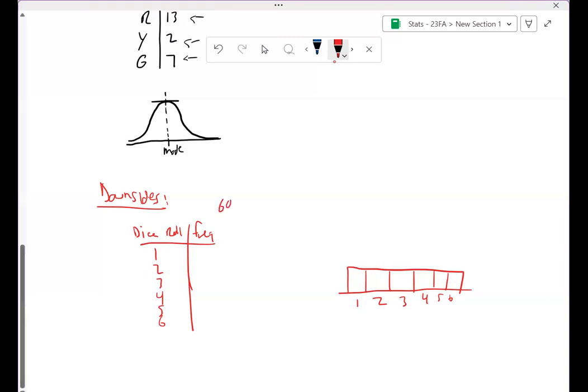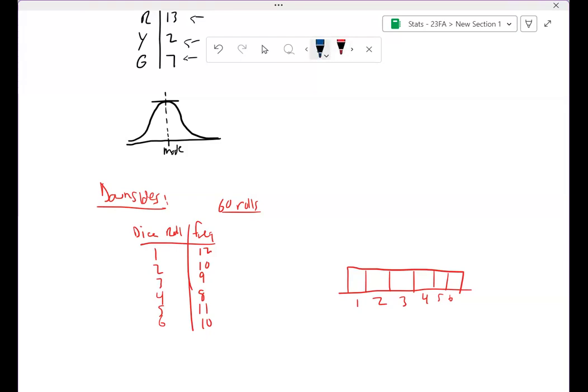So if I did 60 rolls, I might get something like 12, 10, 9, 8, 11, and 10. I think that adds to 60. Yep. So maybe I get something like this.